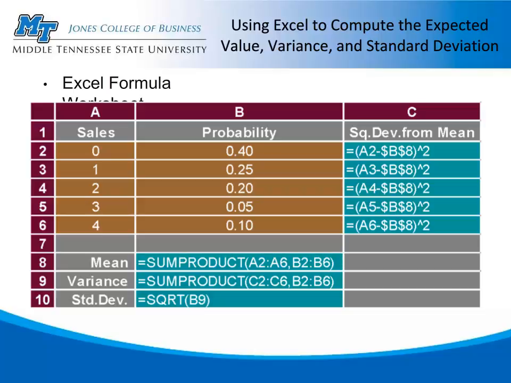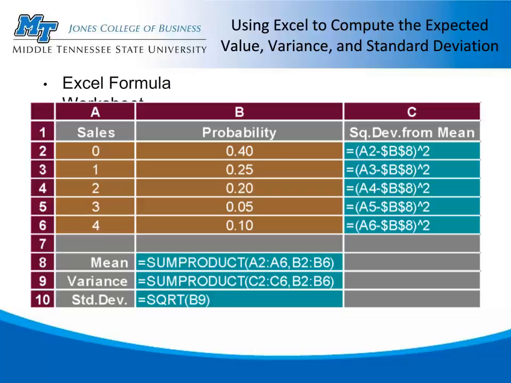Now the formula that's in column C is to calculate the squared deviations from the mean. The mean is stored in B8. So the formula that's in C2 says take the value of the random variable, which in A2 is 0, subtract the value of the mean, figure out what that deviation is, and then raise it to the second power.